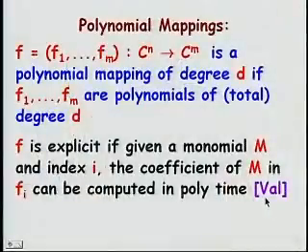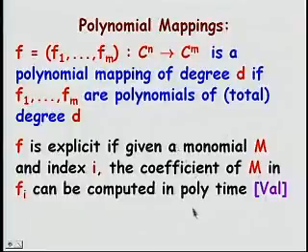And I also need a notion of what it means to be an explicit polynomial mapping. For this notion, I use the notion of polynomial definable of Valiant. So anything that is polynomially definable is explicit from my point of view. And in particular, the following will be explicit.